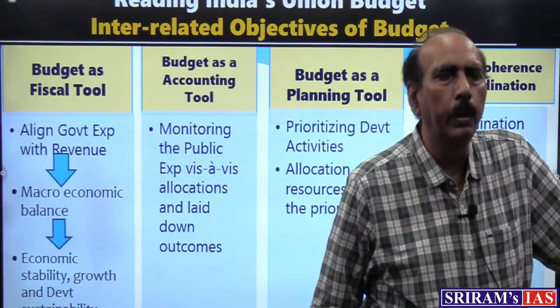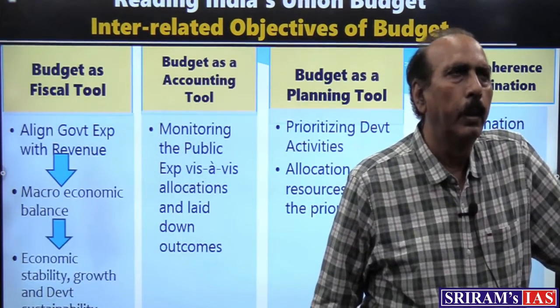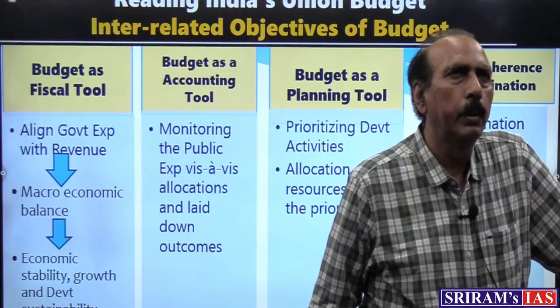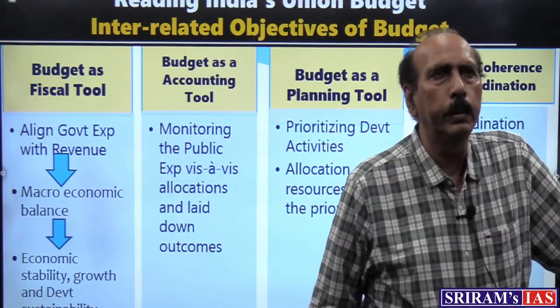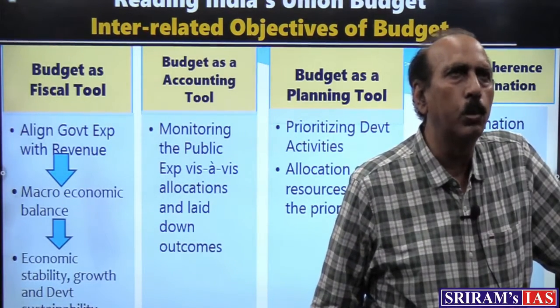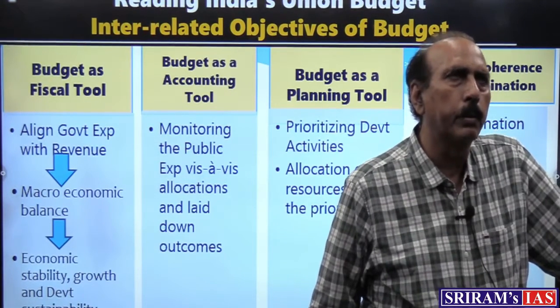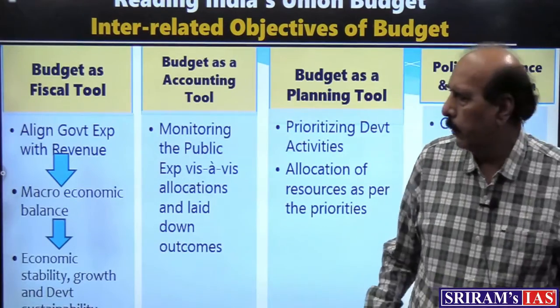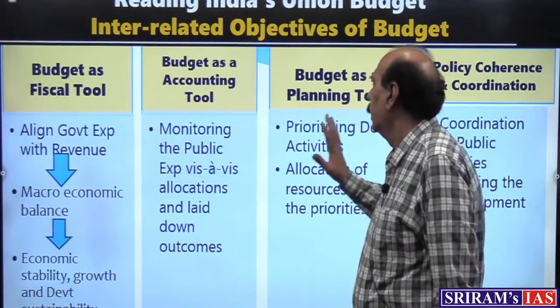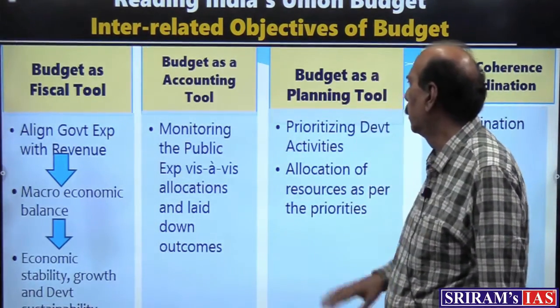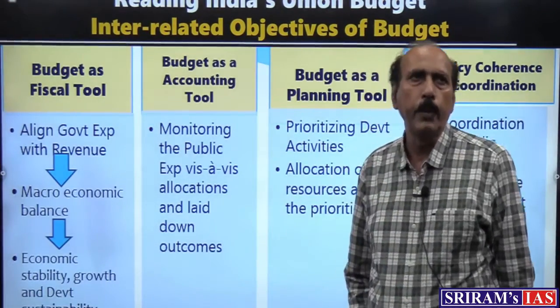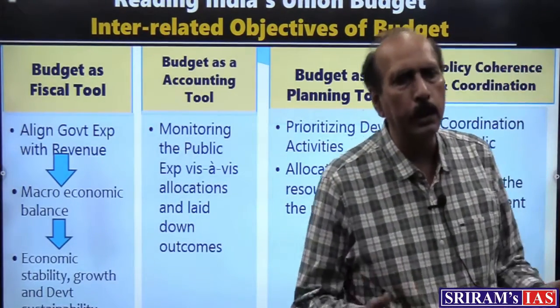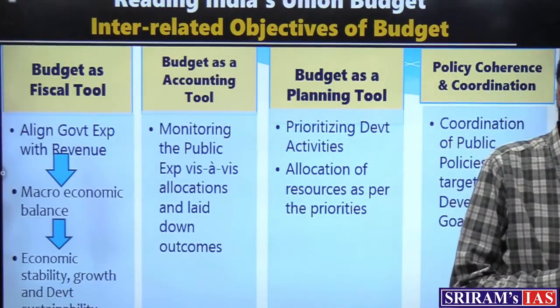I'll mention this when we go to the budget documents. This outcome budget will indicate the expected outcome from the government expenditure made under various programs and schemes of the government.